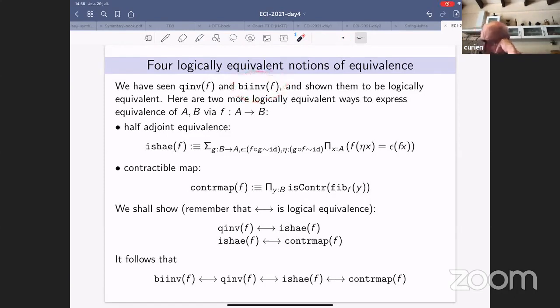In the half-adjoint equivalence, it's stronger than Q-inv in the logical sense, in the sense that I insist on having one inverse, which is both left and right inverse. And moreover, I insist on having some coherence conditions.